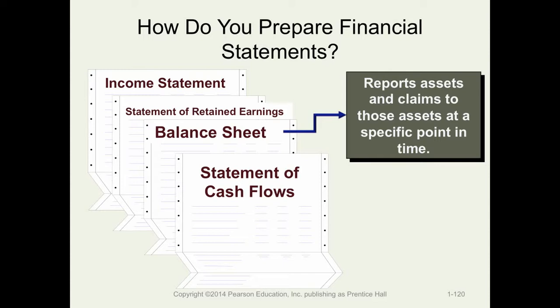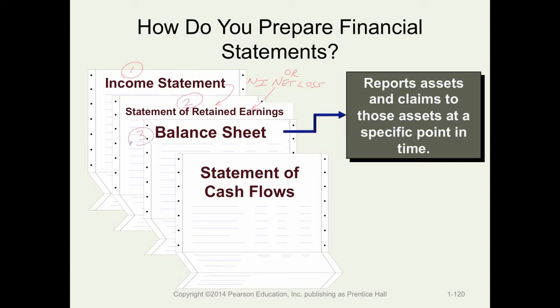Therefore, we'll now be able to prepare the balance sheet. So once again, we've got income statement first, net income or net loss, feeds into that statement of retained earnings that we prepare second.